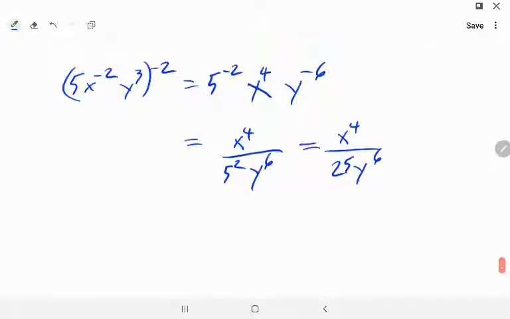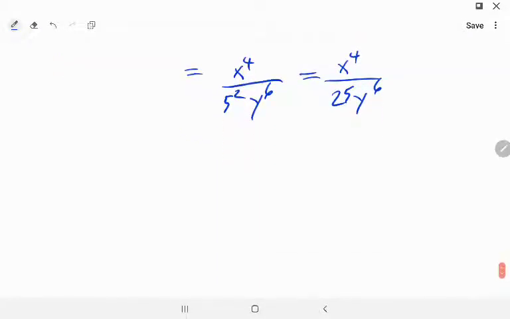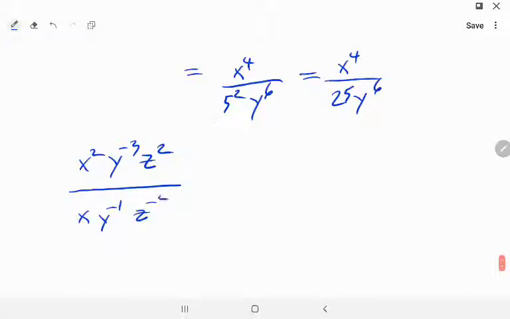So kind of our worst case scenario would be something like, what do we look at? We'll look at x squared y to the negative 3 z to the positive 2 divided by x y to the negative 1 z to the negative 4th.